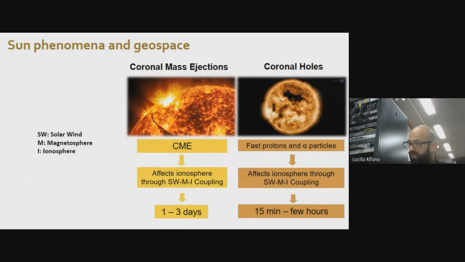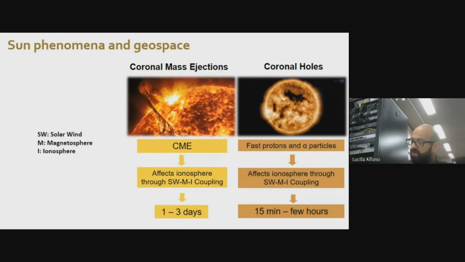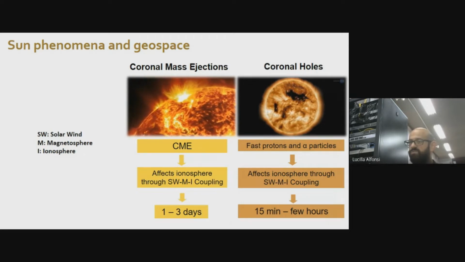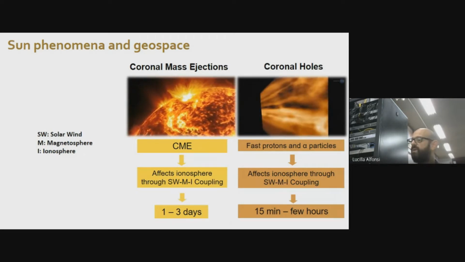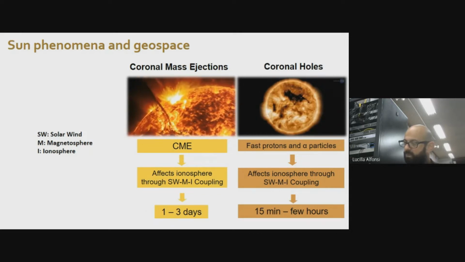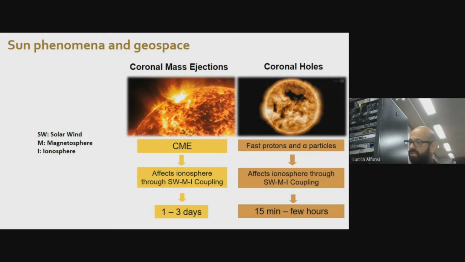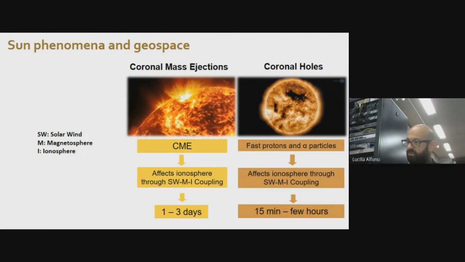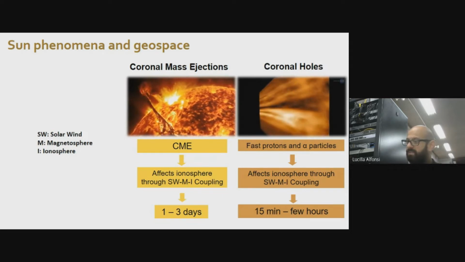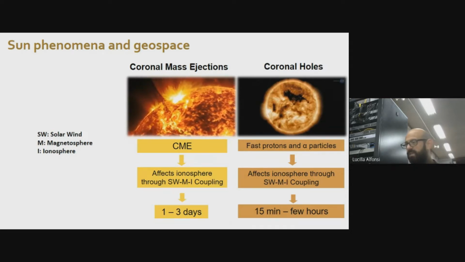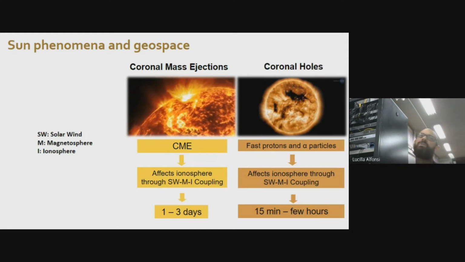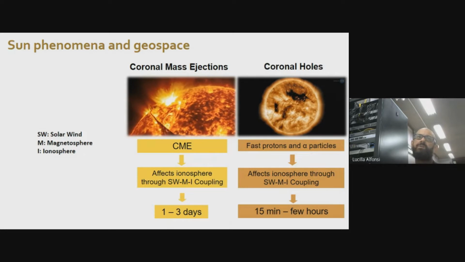Moving to the other 2 effects that are instead related to the solar wind, magnetosphere, ionosphere coupling, we have the coronal mass ejections, that are basically emissions of charged particles from the sun corona that can transport the interplanetary magnetic field, so interact with the magnetosphere, and at the end with the ionosphere.